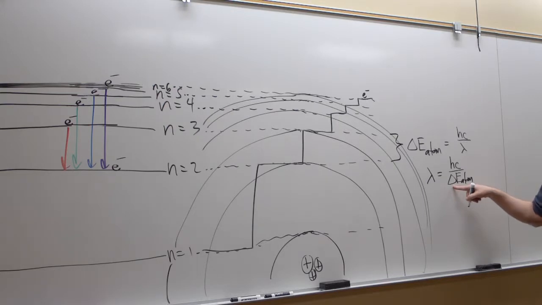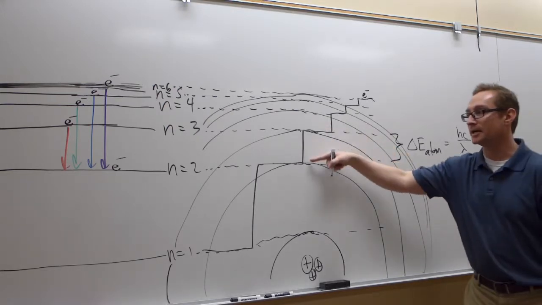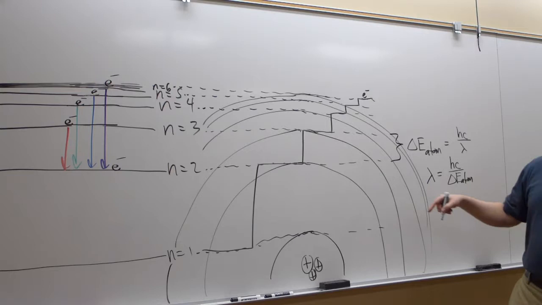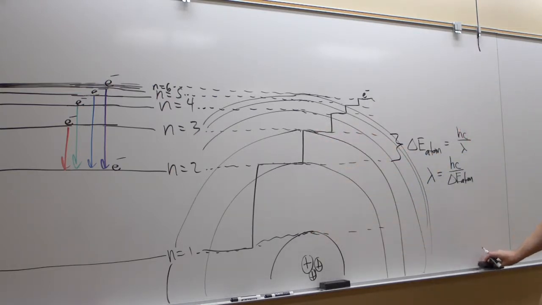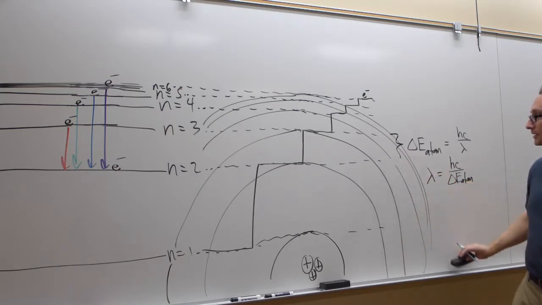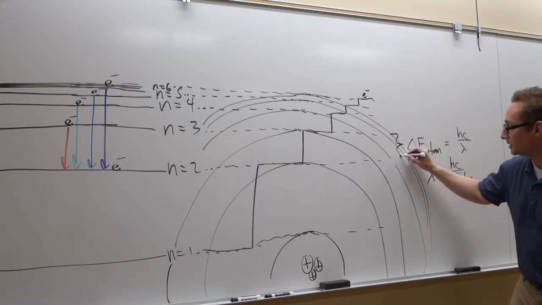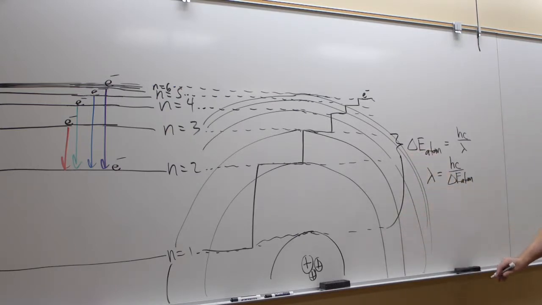Sometimes delta E atom is negative, right? When the electron's falling down, from say 3 down to 1, for example. If I was doing 3 down to 1, delta E atom would be that. So for this problem, delta E atom is this. But because wavelength can't have a negative number, we just have to take the absolute value of it.